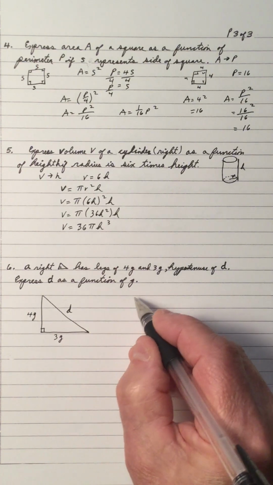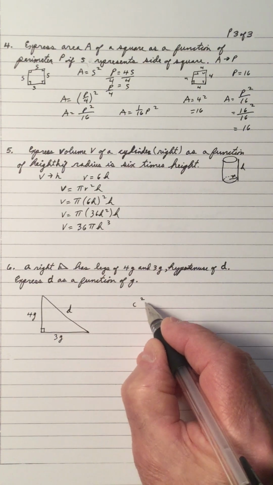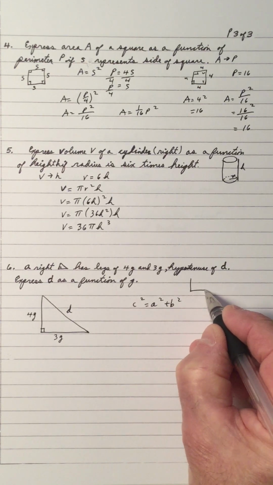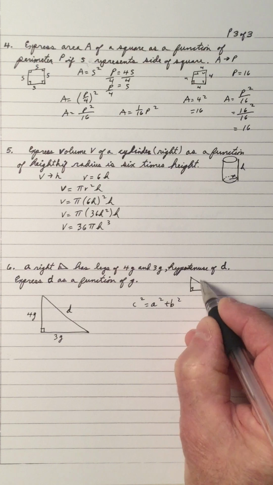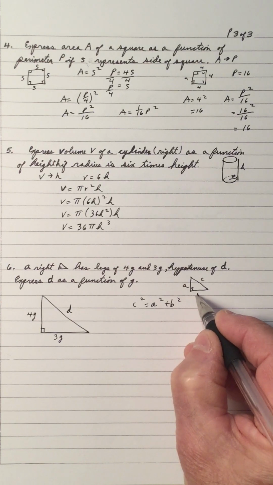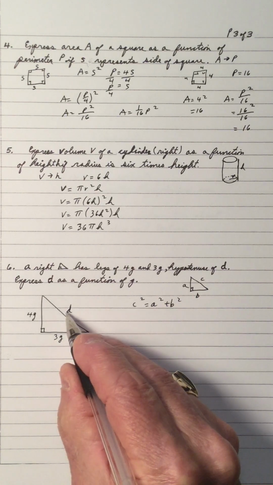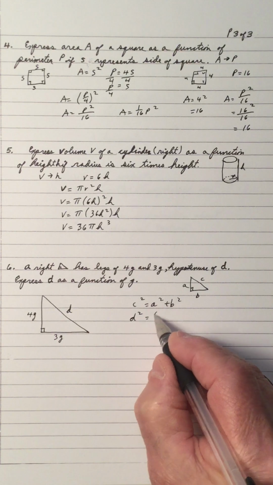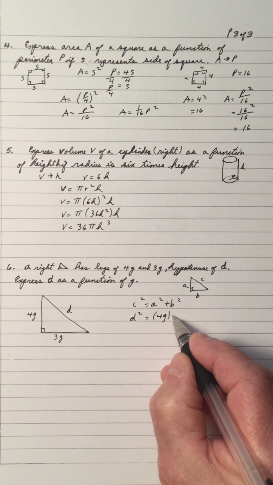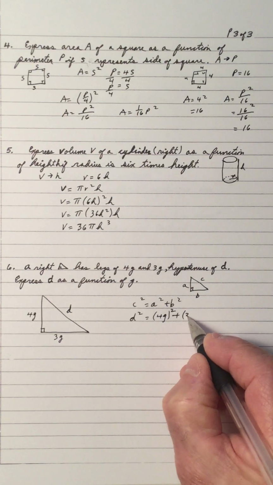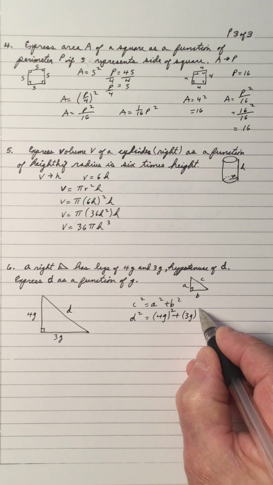In the right triangle, we have c squared is equal to a squared plus b squared. C is the hypotenuse, a and b are the legs. So c, in this case, is d. The a is 4g, squared. The b is 3g, and we're going to square it.